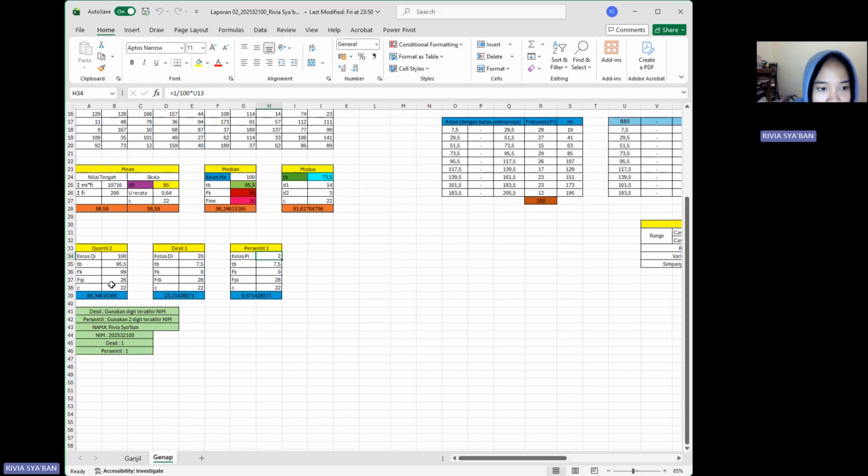For NIM ending 100, we look at decile 1 and percentile 1, because my ID number is 1000, and we use 1 for the decile and percentile formulas.